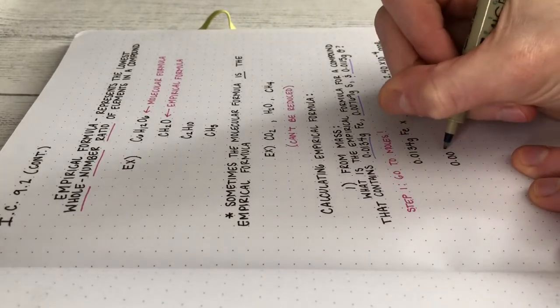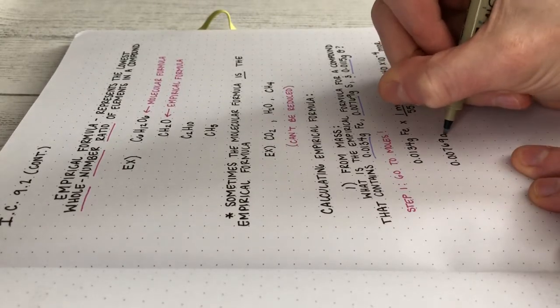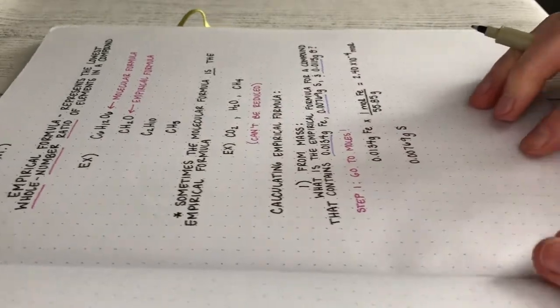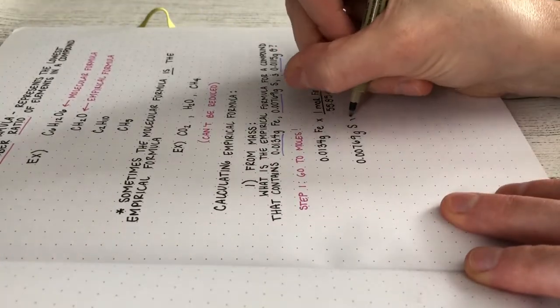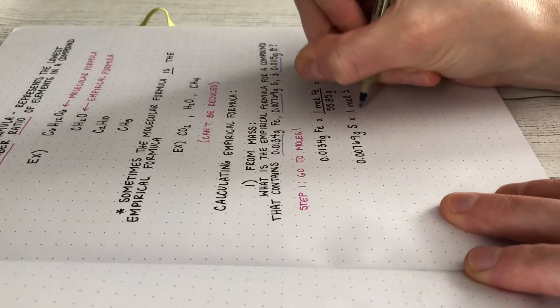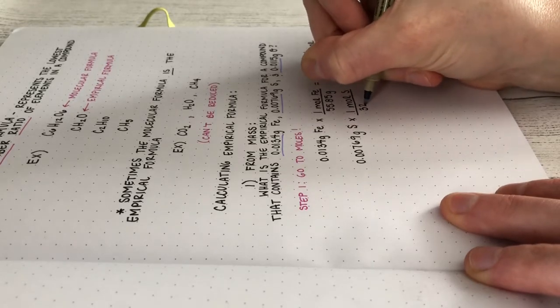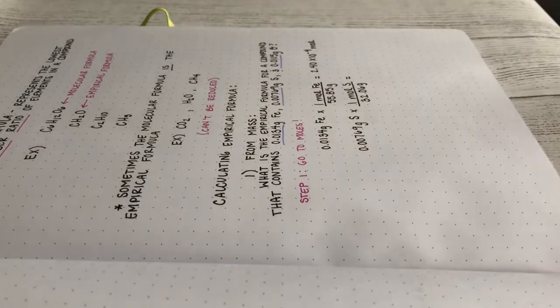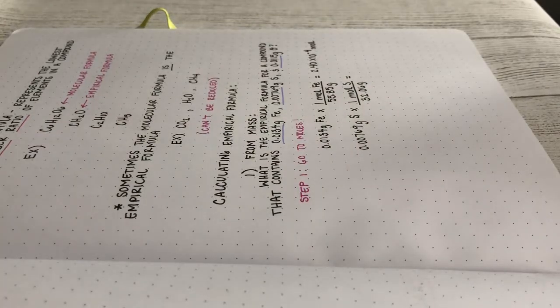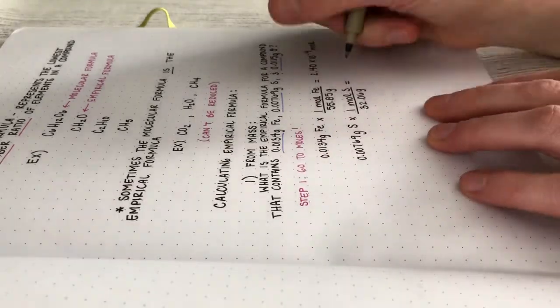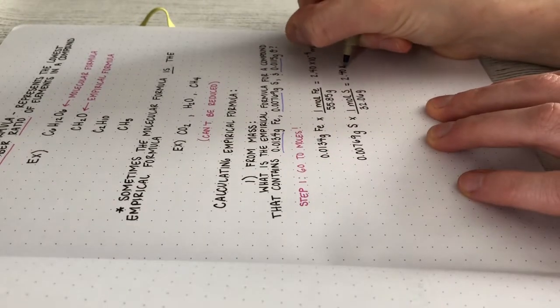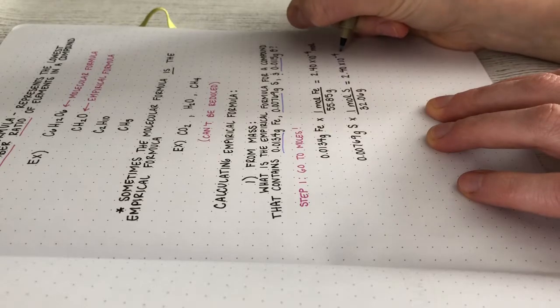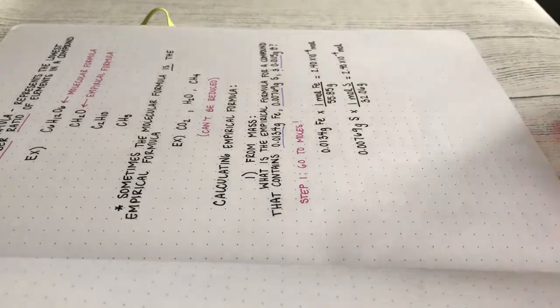Then when I take 0.00769 grams of sulfur and divide that by the molar mass of sulfur, which is 32.06, plug that into the calculator, I also get 2.40 times 10 to the negative 4th moles.